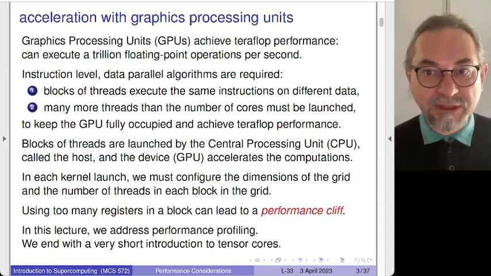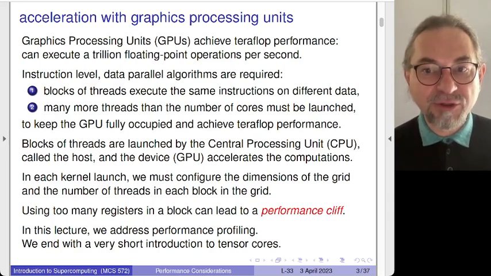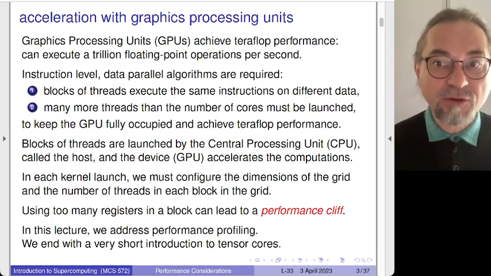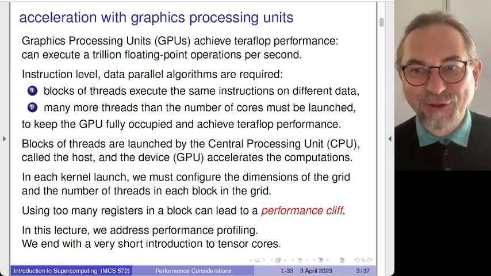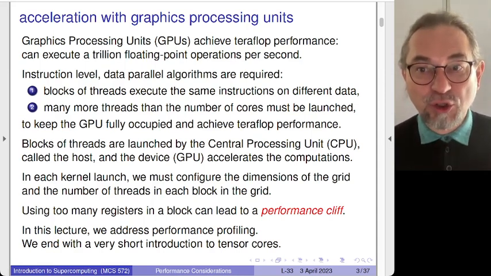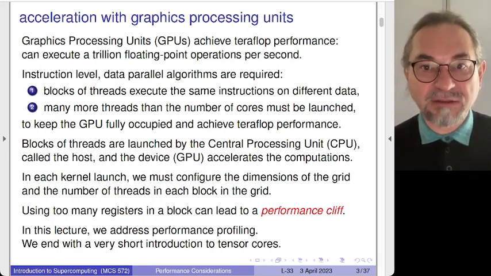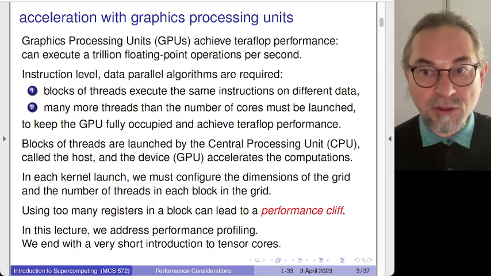But if you really are interested in developing the best types of software, once you have correctness, you should be very concerned with performance. Speaking of performance, Tensor cores, not Terra cores, Tensor cores are now capable of accomplishing double digits of peak teraflop performance, also with 64-bit double precision.